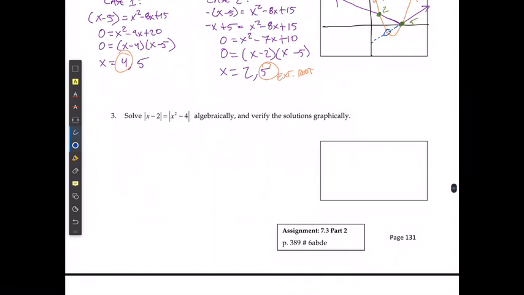All right, now I have my last case, where I have the absolute value of x minus 2 is equal to the absolute value of x squared minus 4. Well, I'm going to say that for case 1, then I'm going to have x minus 2 is equal to x squared minus 4.